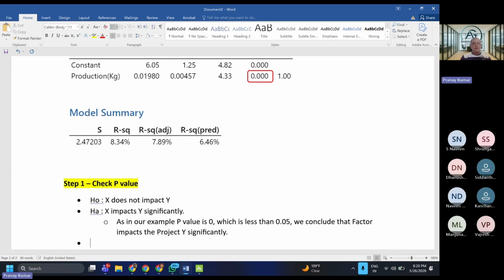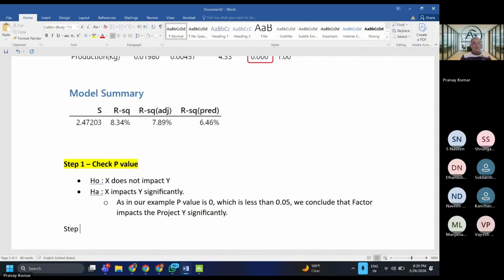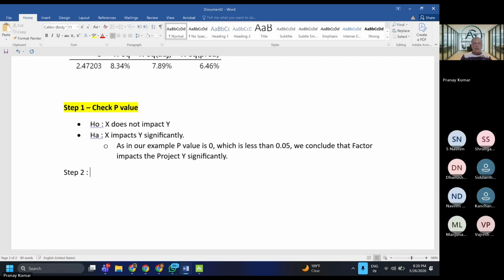Then step number two, if P is alternate, check for R square value.